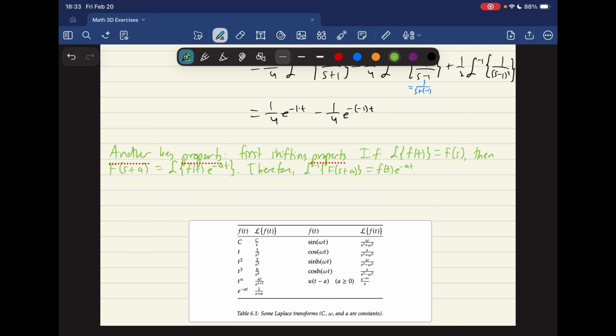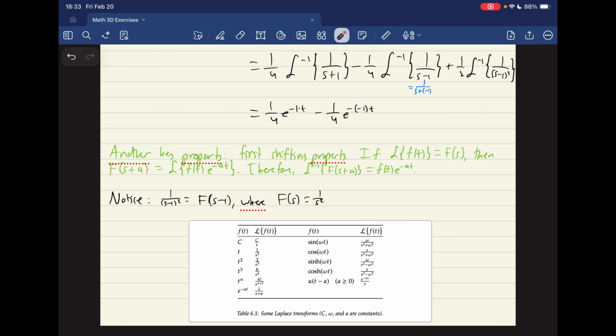And the way we can make use of this is by noticing that 1 over (s − 1)², we can write as F of s minus 1, where F of s is 1 over s squared. And this is good for us because we know what the inverse transform of 1 over s squared is. It's just t.